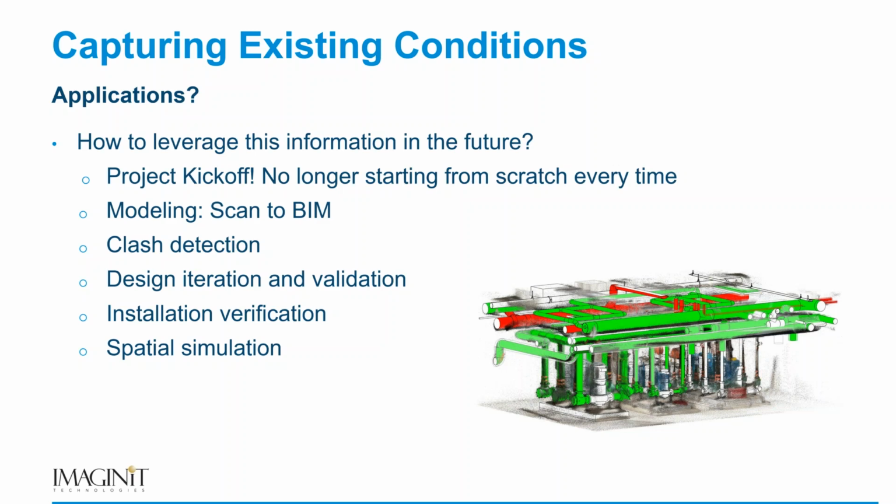So as far as scan to BIM, it's actually a part of the AEC industry. It's a kind of sub level of the AEC industry, where scan to BIM means taking a laser scan and turning it into a BIM.